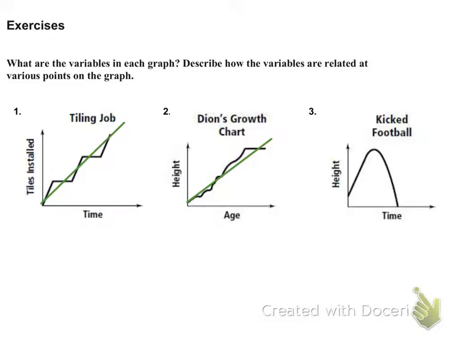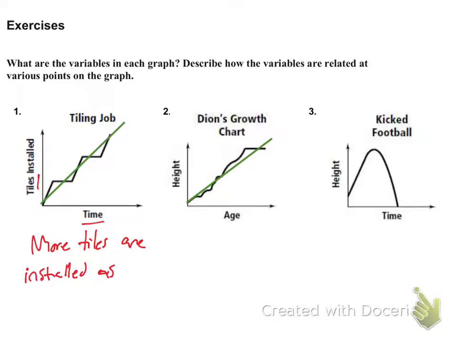So this one we have tiles and we have time, right? Those are the two variables, and then we describe how the variables are related at various points. So the variables are related to this tiling job in that more tiles are installed over time, or as time increases.